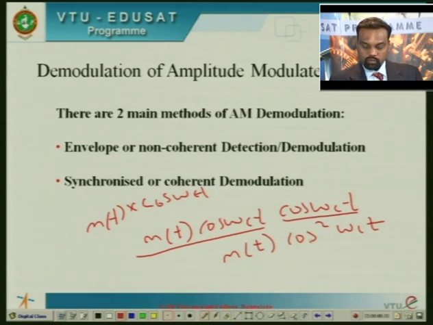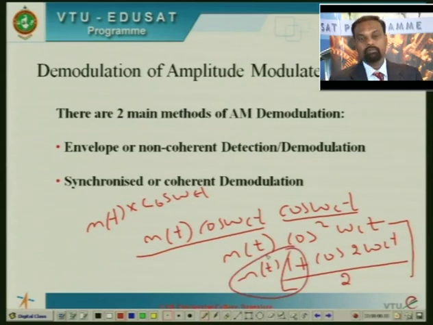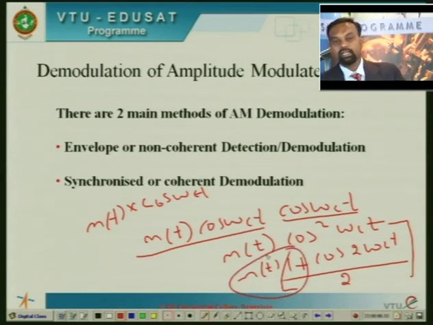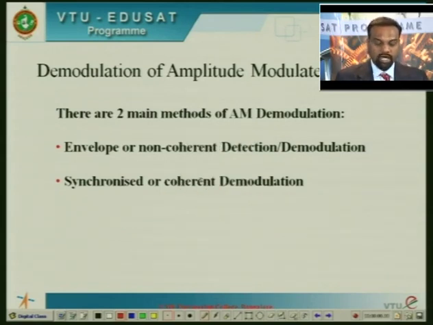We know that cos square omega ct is equal to (1 plus cos of 2 omega ct) by 2. So if you multiply this entire data with m of t, we find that you get back your m of t available here. And that is the technique used in your demodulation process, and that is your synchronized demodulation technique.